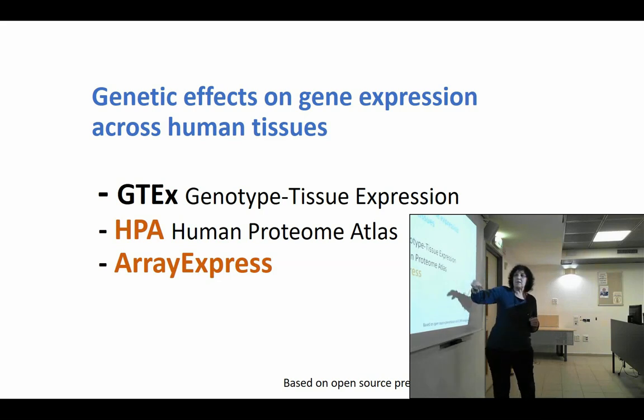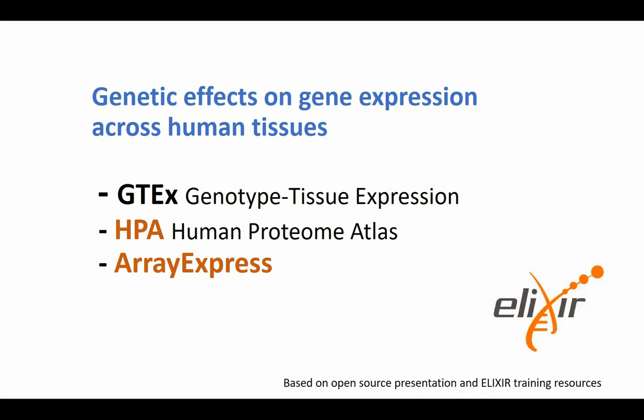The first one is GTEx, which stands for Genotype-Tissue Expression. The second one is the Human Protein Atlas. And the third one is mainly just to remind you that there are ongoing efforts in Europe to keep pace with what used to be only in the NIH type of resources for gene expression, that I'm sure most of you are familiar with, which is GEO.